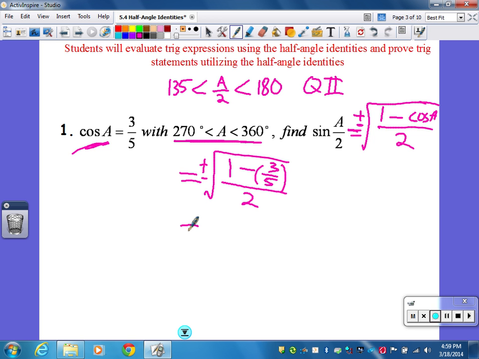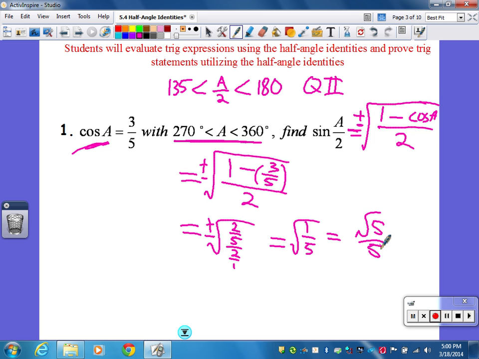Well, that's going to be plus or minus the square root of 2/5 all over 2, which is 2 over 1. Well, if you actually simplify all those fractions going on there, you get the square root of 1 over 5, which is equal to the square root of 5 over 5.